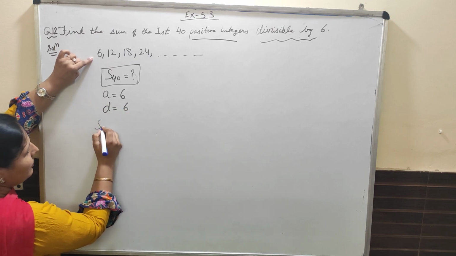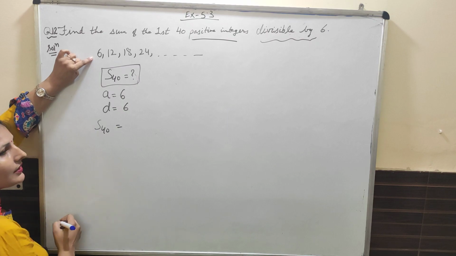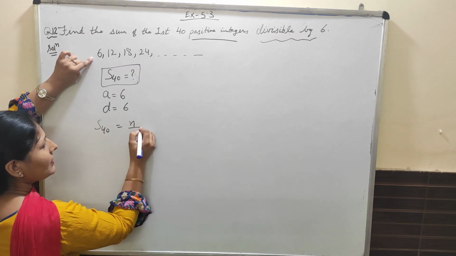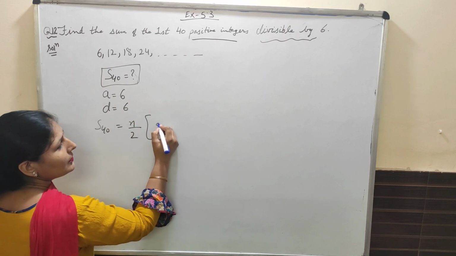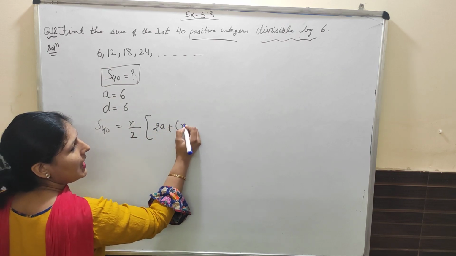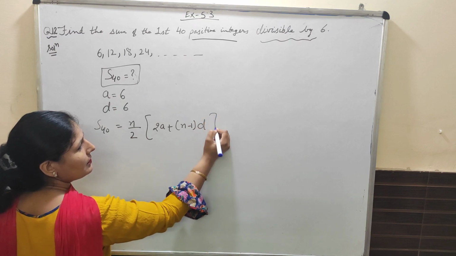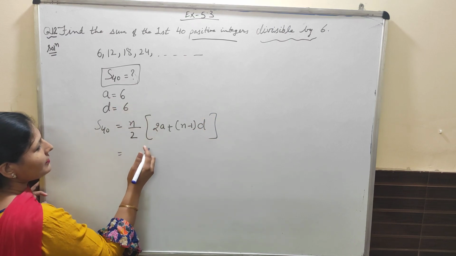Now we are required to find S40. Put in the formula. What is the formula? N by 2, 2A plus N minus 1 into D. Put all the values here.